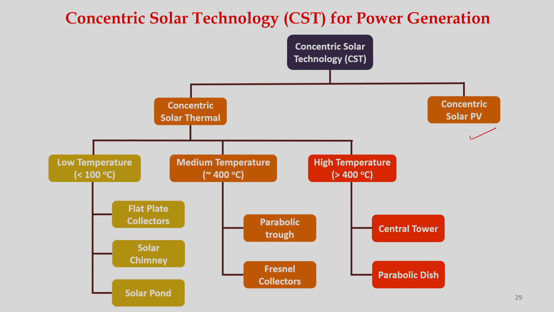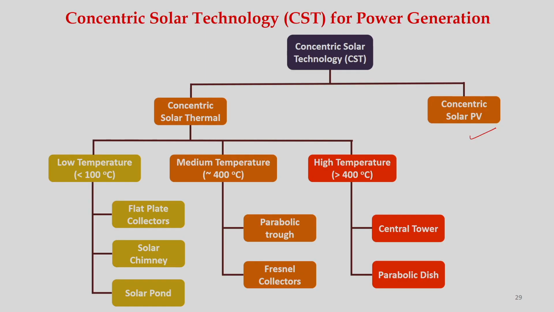So, as far as low temperature applications are concerned, we will go for flat plate collectors, solar chimney, then solar pond. Okay. For medium or moderate temperature applications up to 400 degrees C, we will go for parabolic trough and Fresnel collectors. Okay.